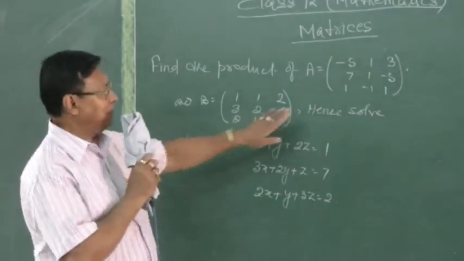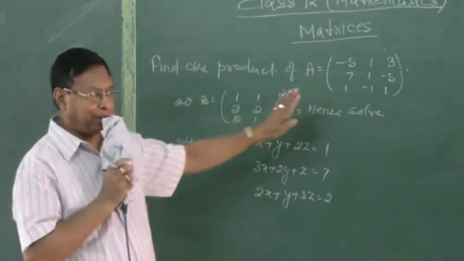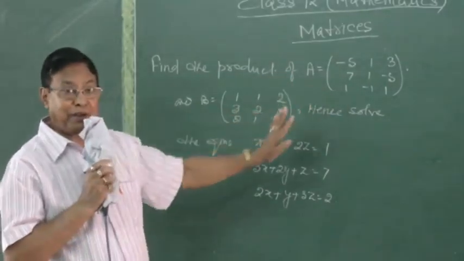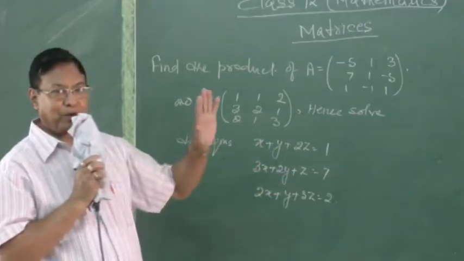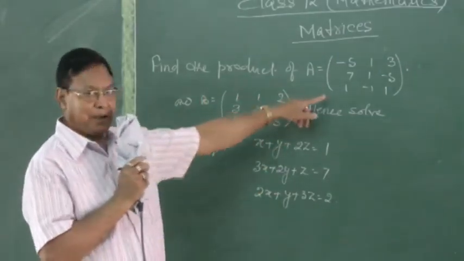So when these two matrices are given and it says find the product, and then solving it means one of them will be the inverse of the other. So we first multiply these two.